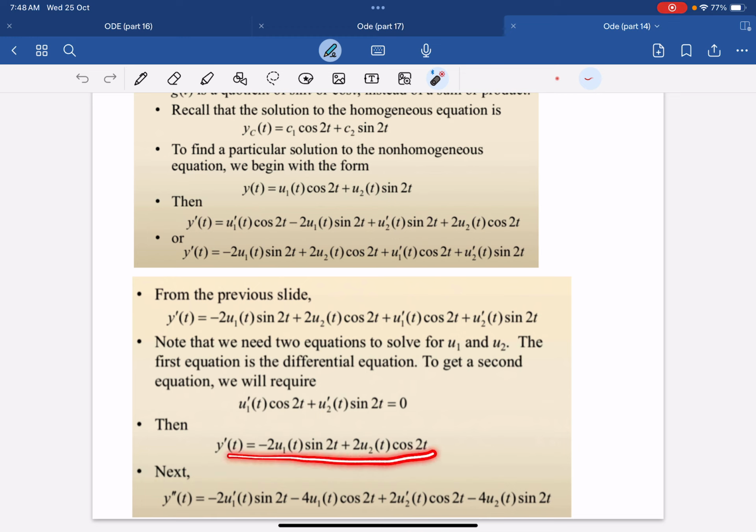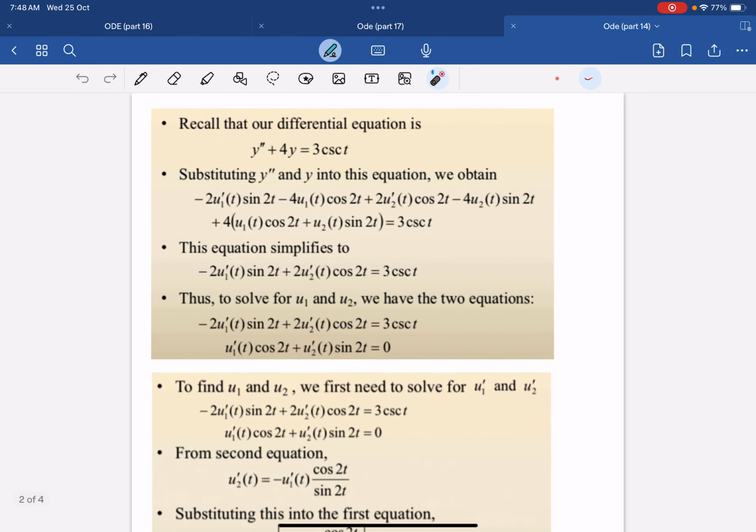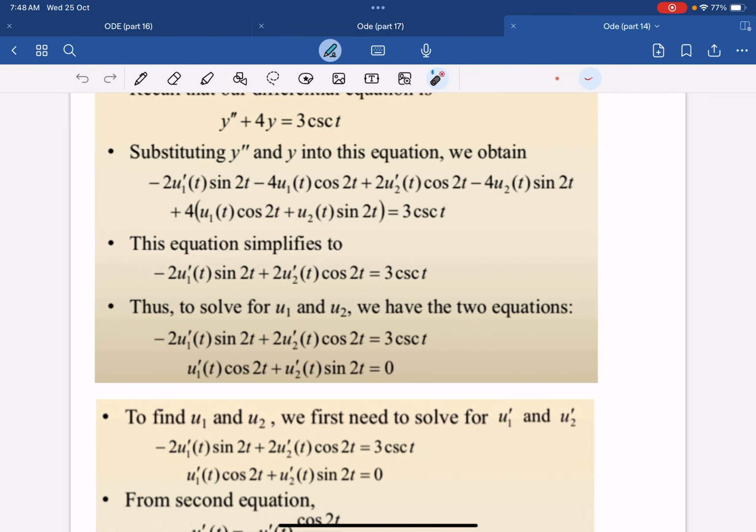Then what we get is this y prime equals this, and the double prime will be this. And then we substitute everything in, and our equation simplifies into this equation.